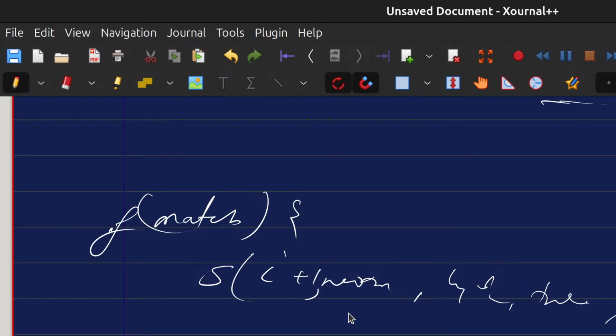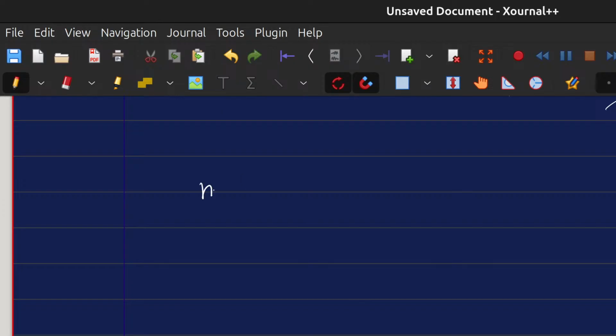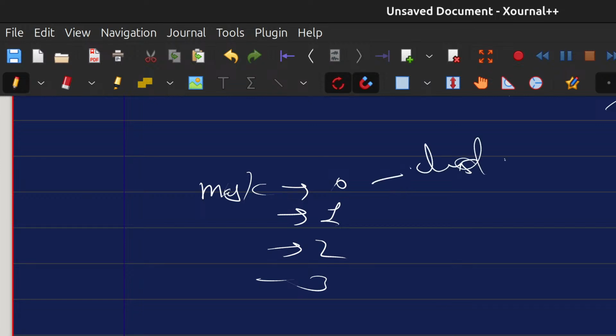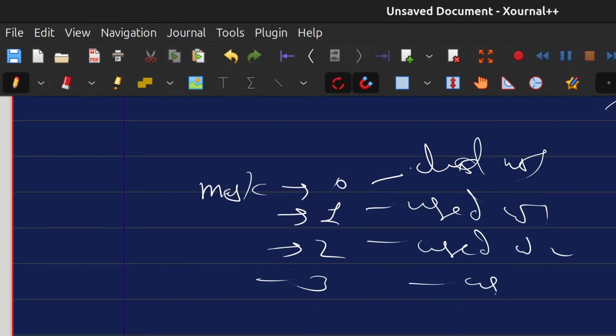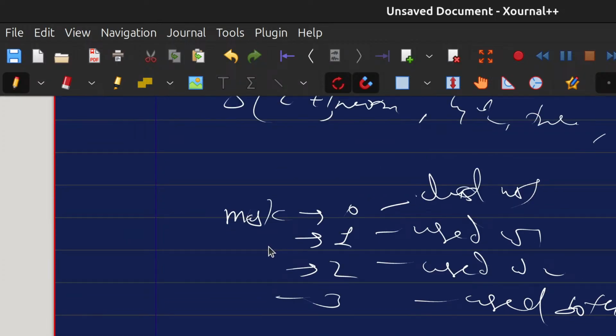So mask is 0, 1, 2 and 3: didn't use any, used word 1, used word 2, and used both. Okay guys, so this is the state, right? We have to respect every state in that case, right?